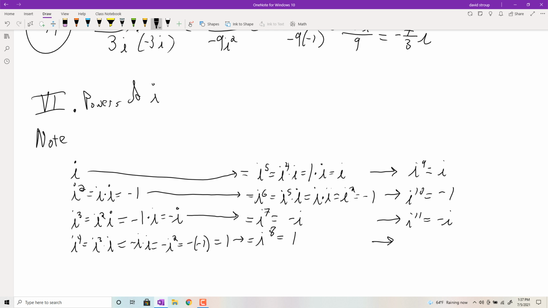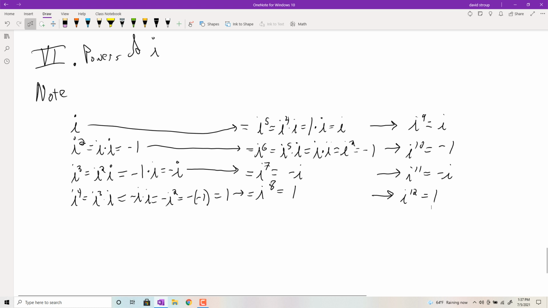And I to the 8th is equal to I to the 12th. Okay, so that's pretty cool how it has a circular kind of pattern. The exercises you'll see in the book want you to reduce higher powers. So that's cool. This thing is kind of like another party trick.